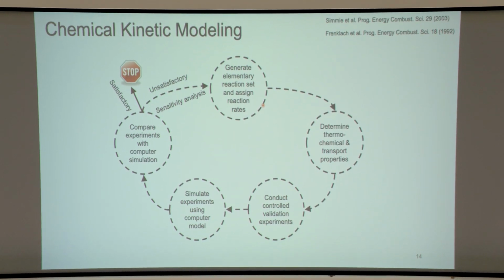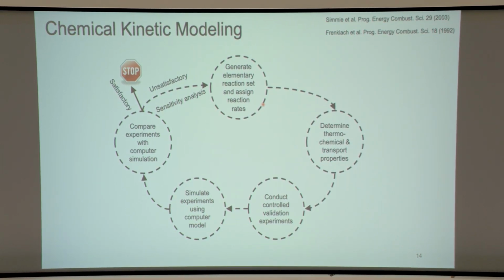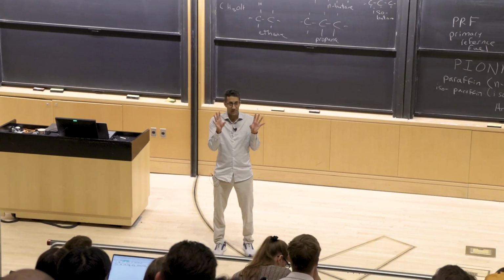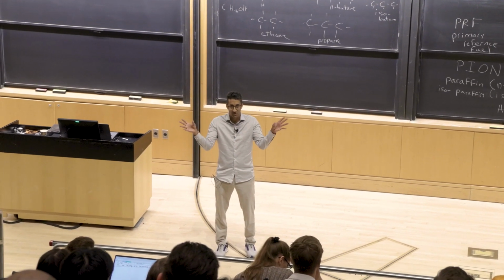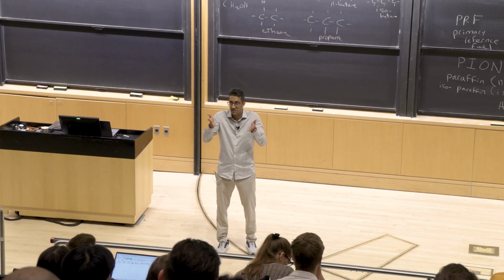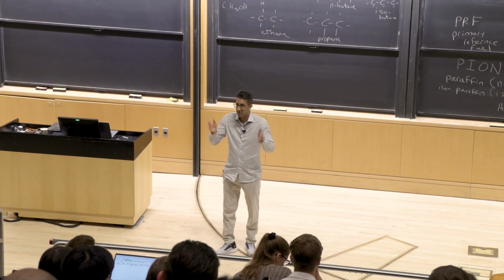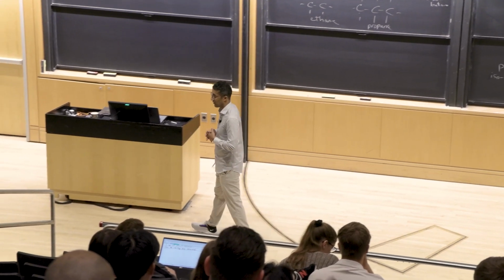There's countless possibilities for the reactions one can include in a reaction set. Professor Green from MIT has a code called RMG, Reaction Mechanism Generator, and it's a rule-based approach. It explores, based on principles of chemical reactions, all the different pathways that are possible, but then it constrains them based on the temperature that's provided, maybe the mixture fraction, the residence time, and so on.